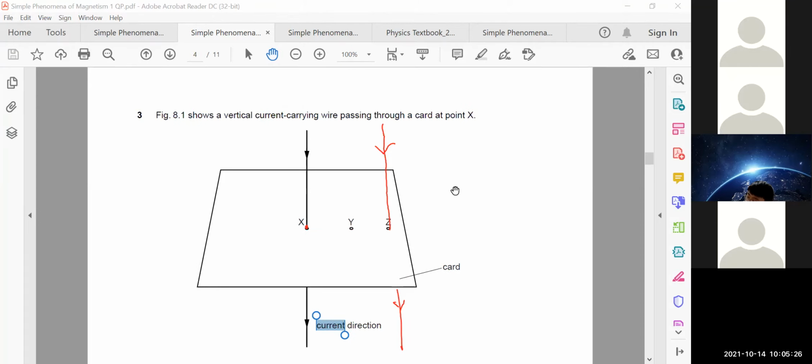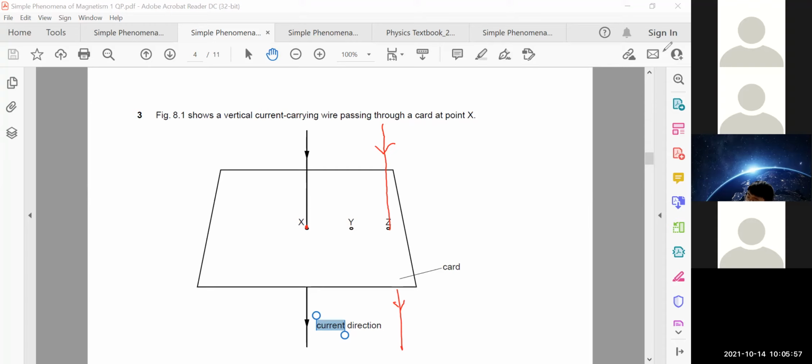It decreases. Yeah, the answer is it is decreasing, but I need the explanation. Because it's farther away from the center of the magnetic force point, so it decreases. Very good. This is the simple answer, children: point X is away from point Z, and we know that there is a magnetic field around a current carrying straight conductor, and the strength of the magnetic field decreases as we move away from the conductor.